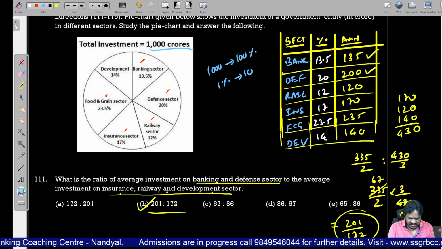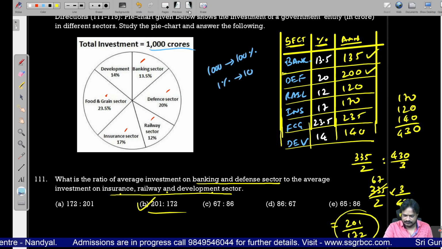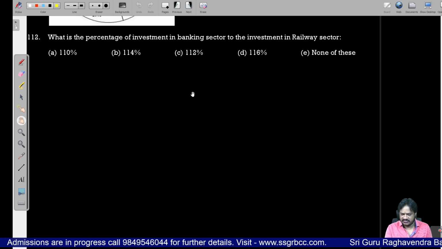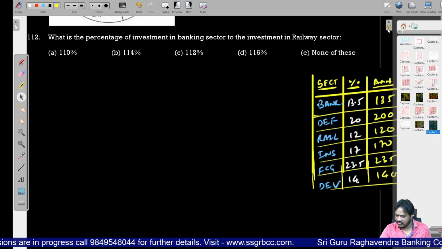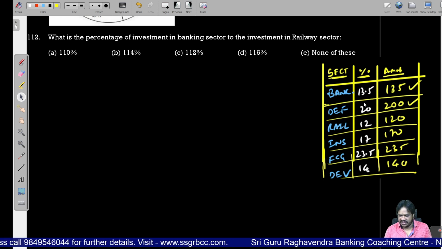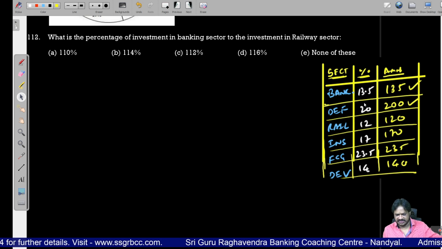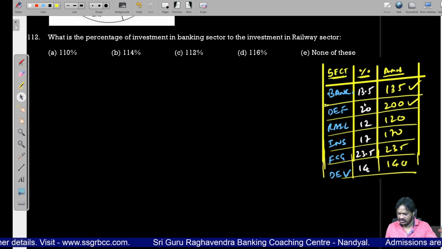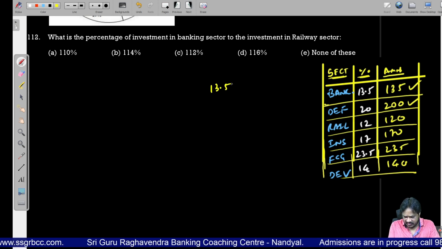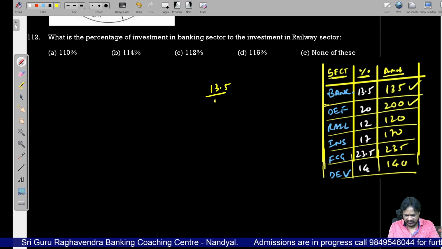Let us see the next question. What is the percentage of investment in banking to that of railways? Banking, taking the percentages, is 13.5, and railways is 12.